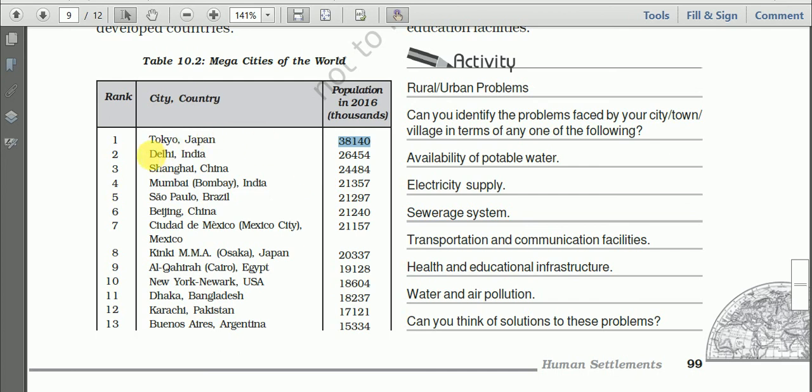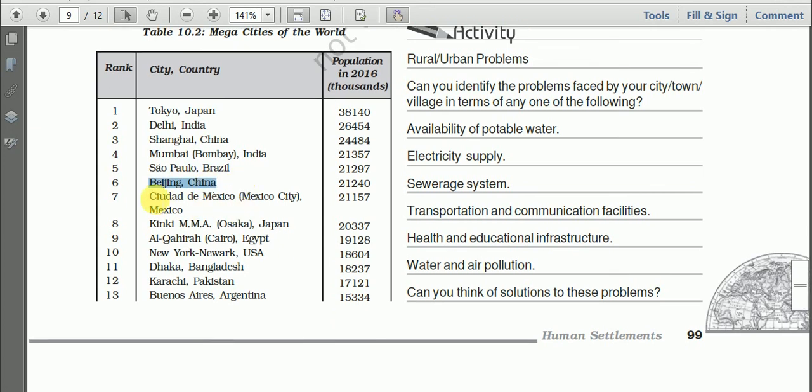Next we have the megacity Delhi in India. Then in China we have Shanghai. Then again Mumbai in India. Then Sao Paulo in Brazil. Then Beijing in China. Then Mexico City, the new name is Ciudad de Mexico.